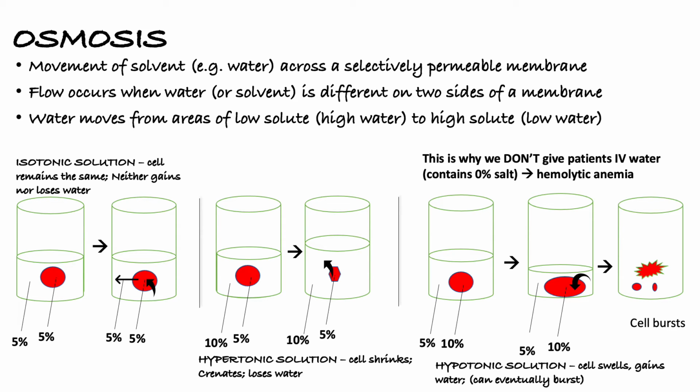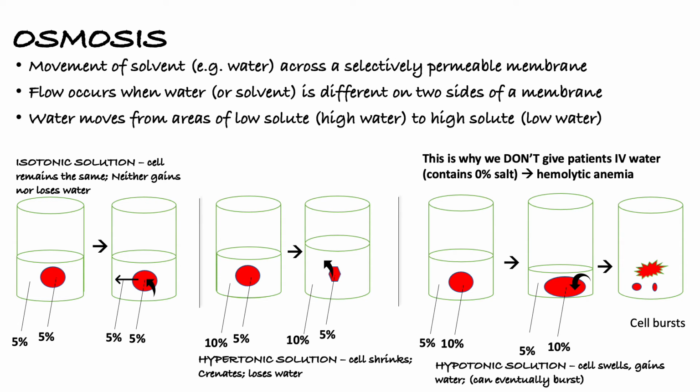But for the sake of teaching you about osmosis, let's assume that this red blood cell has a 5% sodium chloride solution, and then we place it in a water solution that has 5% sodium chloride.